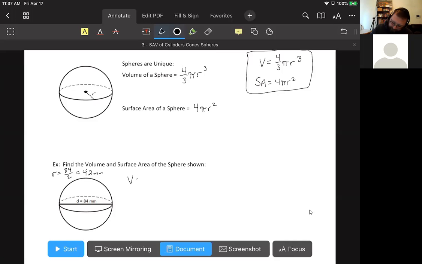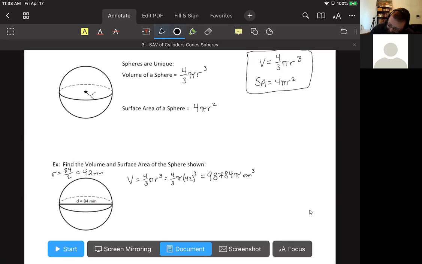So our volume is 4/3 pi r cubed. Same deal, we're going to leave that pi in there, plug in the radius, and cube it. So we have 42 to the 3rd power times 4/3, which is 98,784 pi. Units are millimeters cubed.